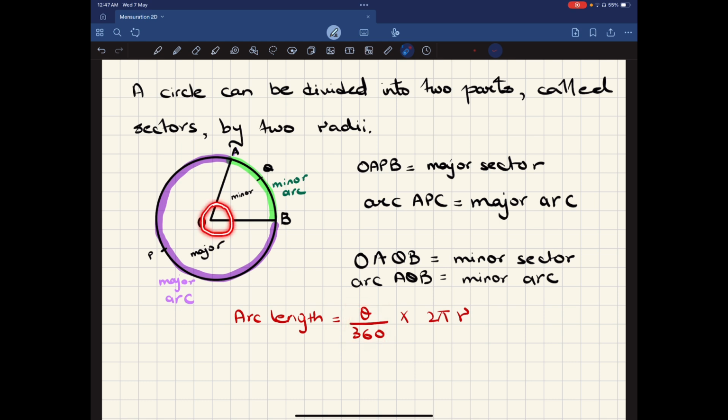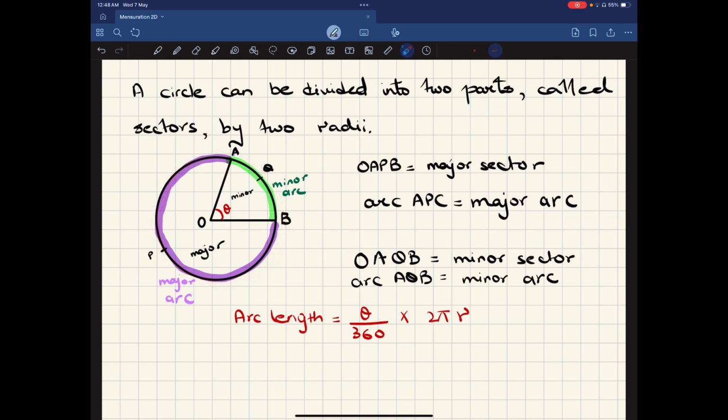So this entire thing, we know that angles around a point add up to 360, right? Now, if we're calculating the minor arc, we're going to find this angle. Let's say this is theta. So theta over 360 is basically the fraction of the arc length. Okay, so basically what we're trying to do is express this minor arc length as a fraction of the circumference.